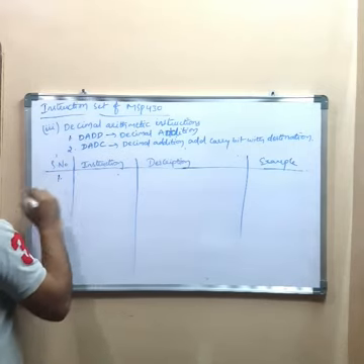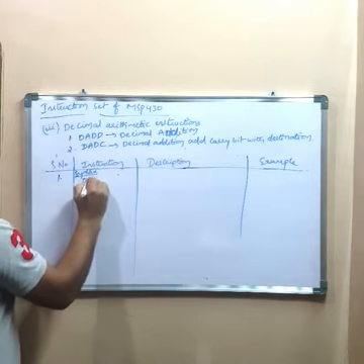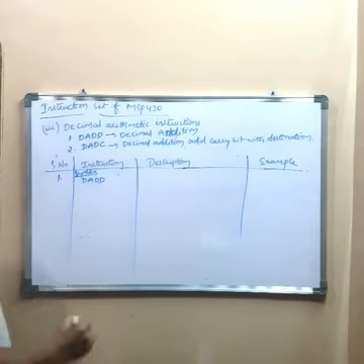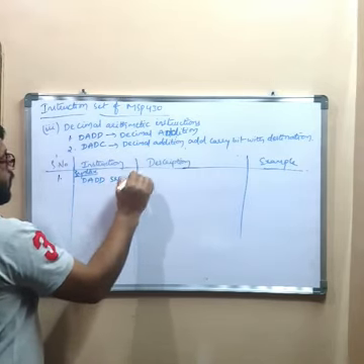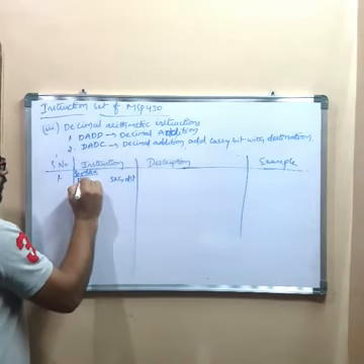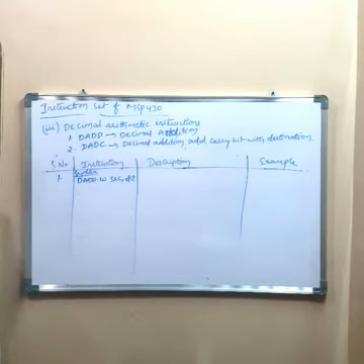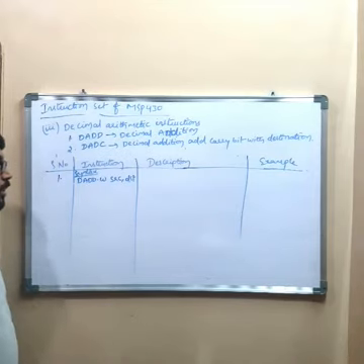Let us see the first one. Syntax: DADD, decimal add, source comma destination. If you want to define the data type, you can also define whether it is a byte or word: DADD.W source comma destination.